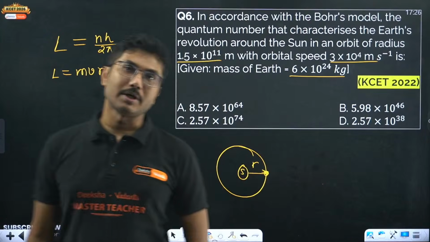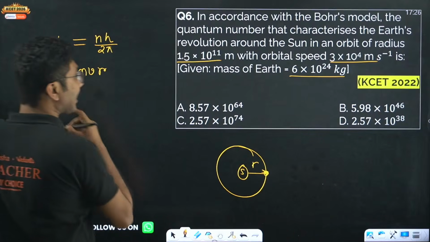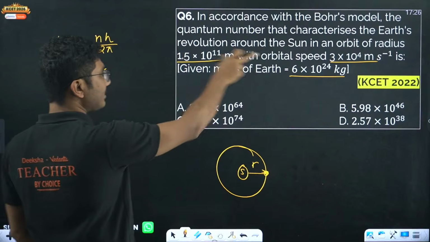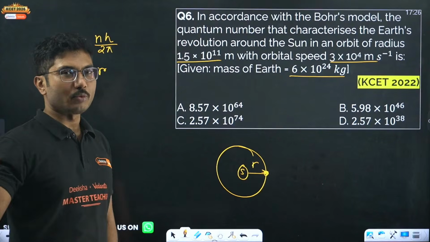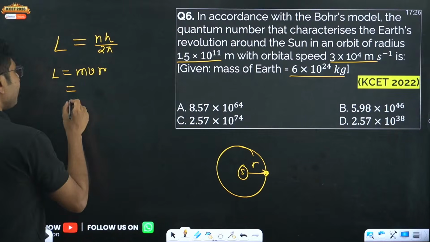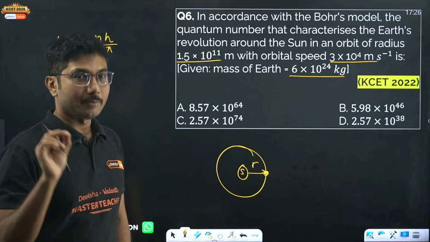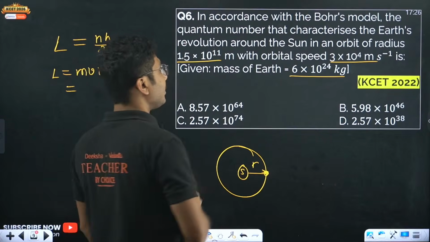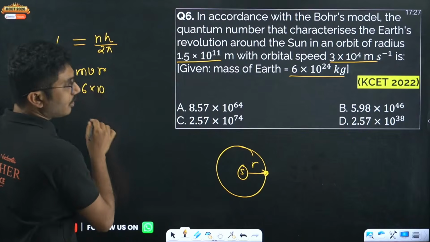Angular momentum for Earth will be mvr. With respect to the distance, the size of the Earth is a point mass, that's why we are using mvr, not I omega. With respect to the distance from the Sun, the size of our planet is almost a point mass. So the mass of the Earth is 6 into 10 to the power of 24.